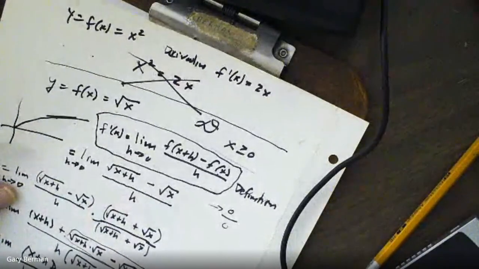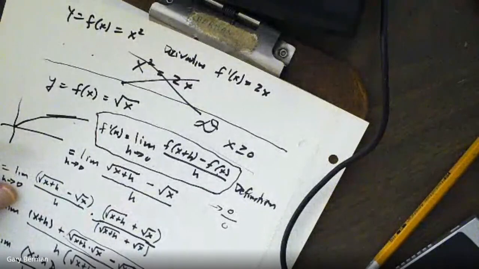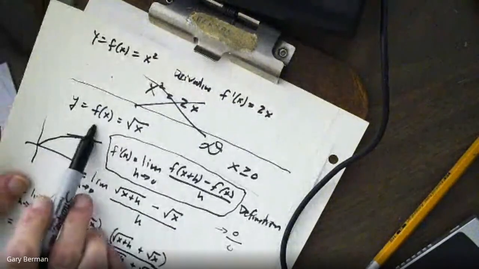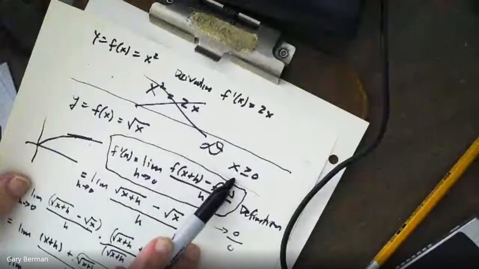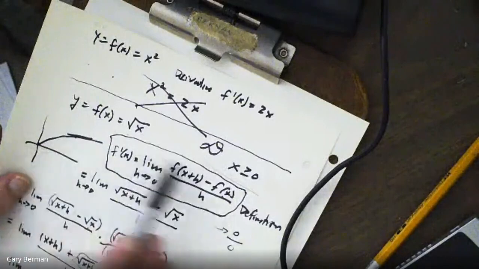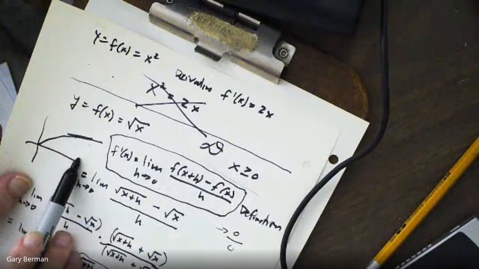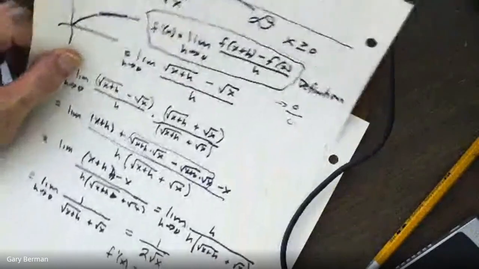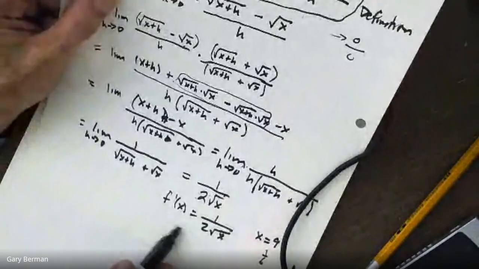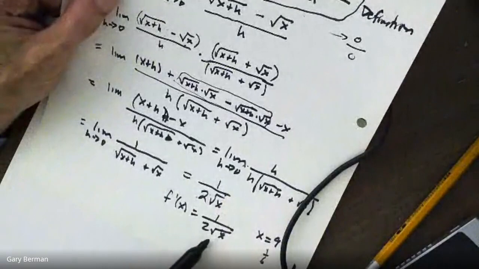Let me make one other last interesting observation here. We said the domain of the original function is x greater than or equal to 0. I mean, the x values that are allowable are x greater than or equal to 0. The derivative is a brand new function. Here it is, 1 over 2 root x.